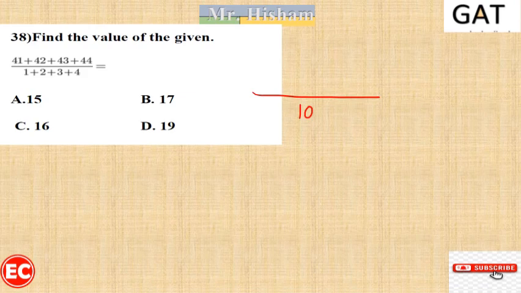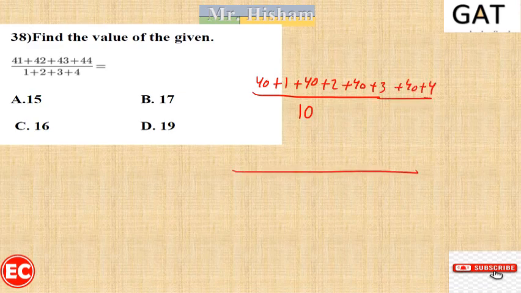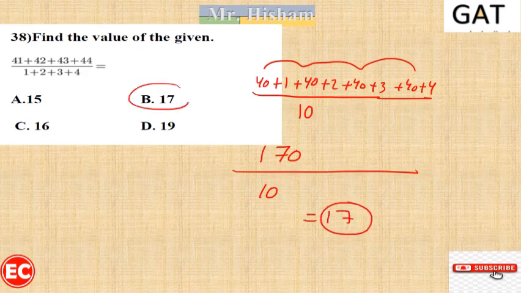And 41, 42, 43, 44, I can write as 40 plus 1, 40 plus 2, 40 plus 3 and 40 plus 4. 40 four times is 160, plus 10, so it's 170, divided by 10, which is equal to 17. So the right answer is 17. If you have an easier method of how to add them, it's okay, go ahead, but make sure that the right answer is 17.